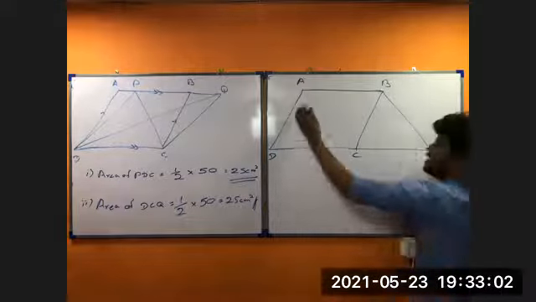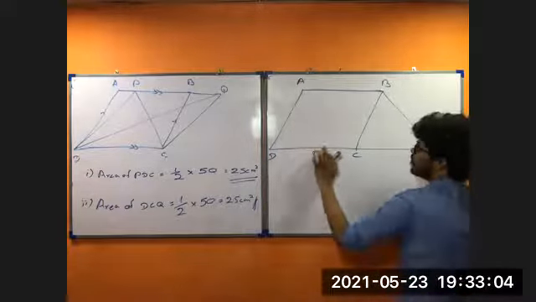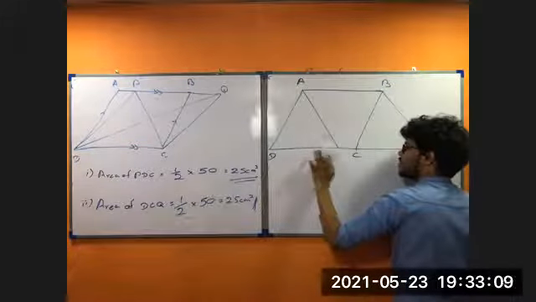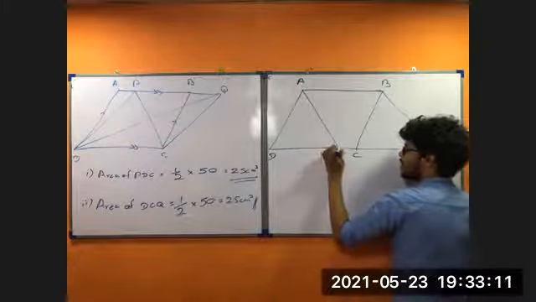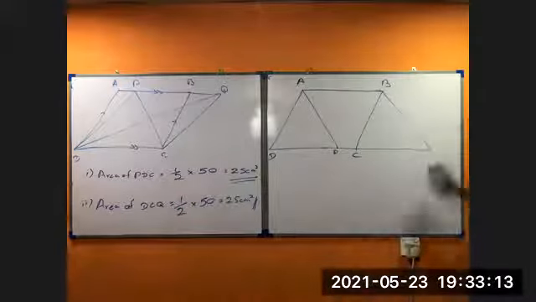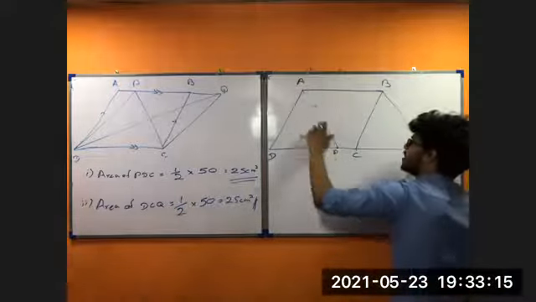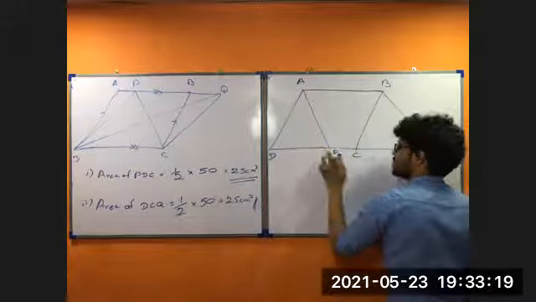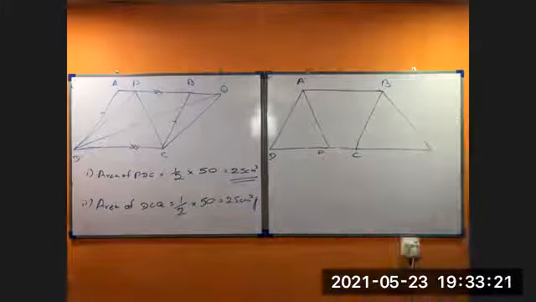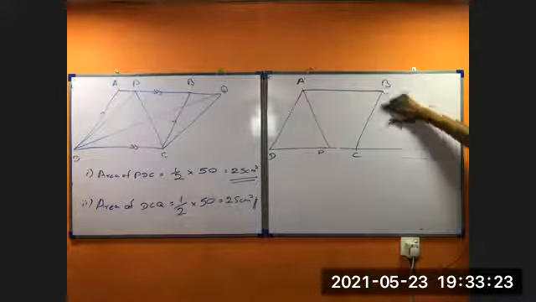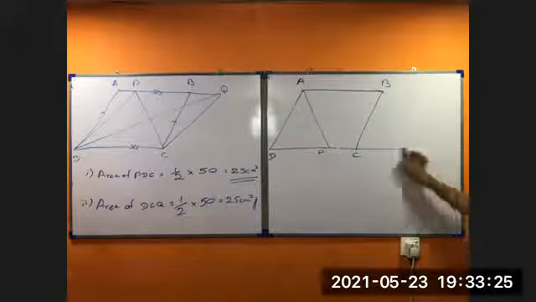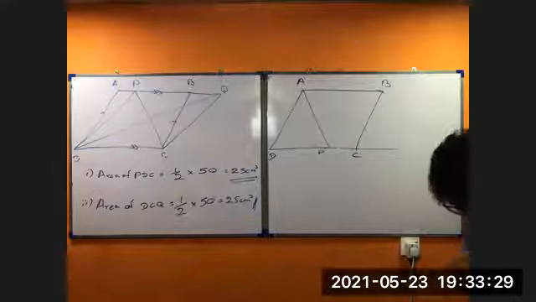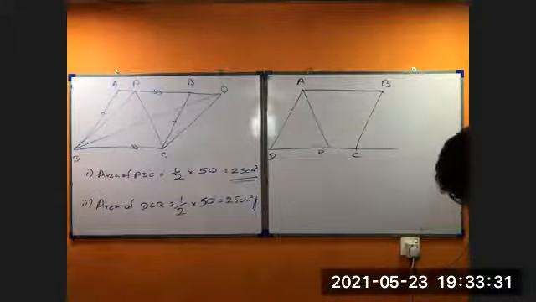So we have a line AP, right? Okay, so let this be AP. Something like this. And then what do they say? The straight line drawn through B parallel to AP.